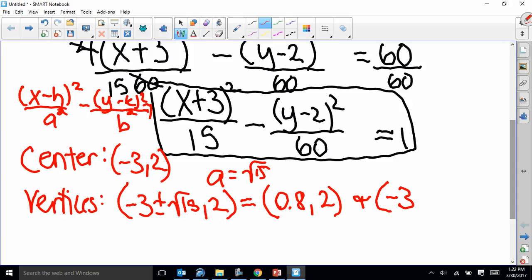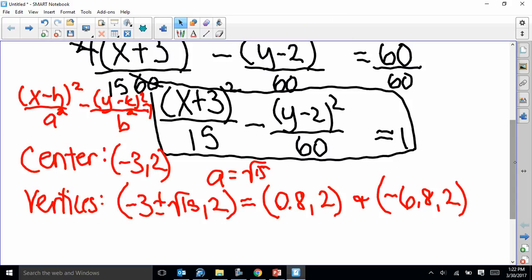Square root of 15 is 3.8. So then it's negative 6. So those are our vertices. So on grid paper, we can do that.